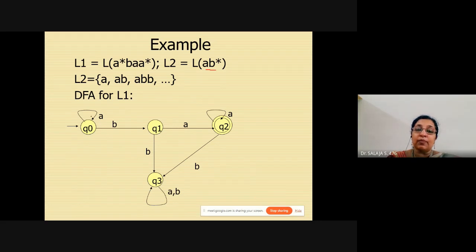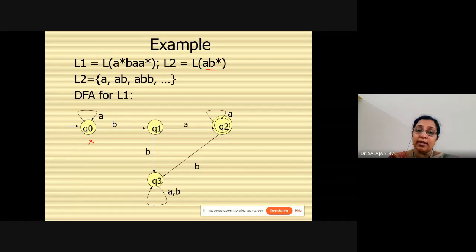So we'll start with Q0. Q0 on A reaches Q0 alone. If you read AB from Q0, it reaches Q1. Q0 and Q1 are not final states. What about ABB? It leads to the trap state. So Q0 is not a final state. Now we'll take Q1. Q1 on A reaches Q2.